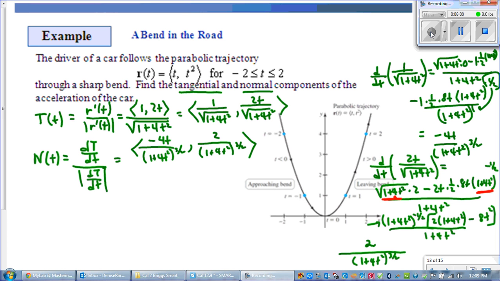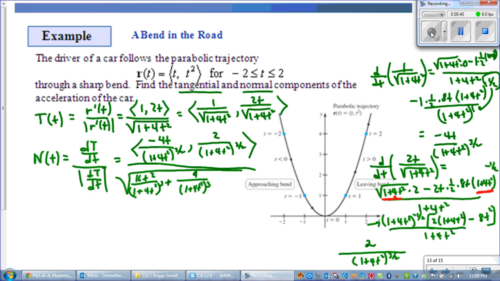And now I need the magnitude of that. Hopefully that's not too bad. The square root of the first term squared, which will be cubed on the bottom. So I'm going to have 16t squared over 1 plus 4t squared cubed plus 4 over 1 plus 4t squared cubed. So I've got 16t squared plus 4.